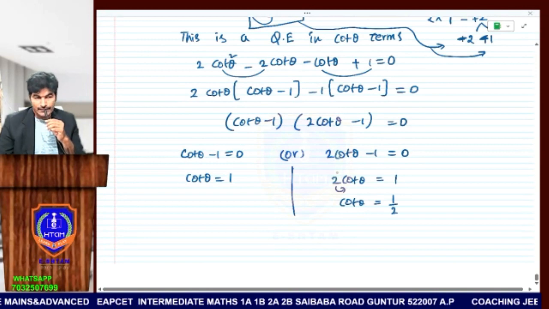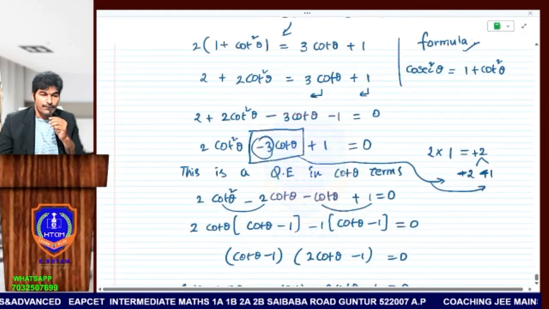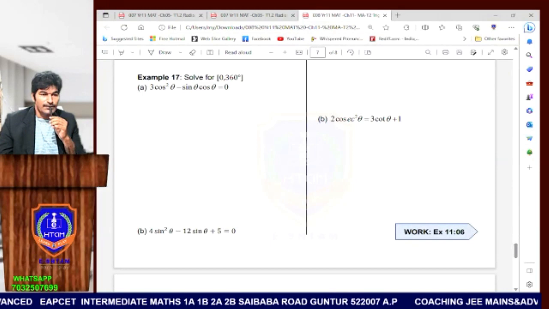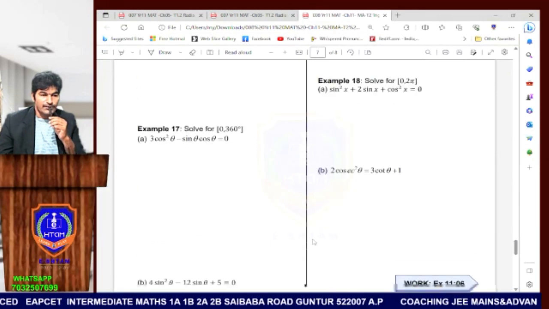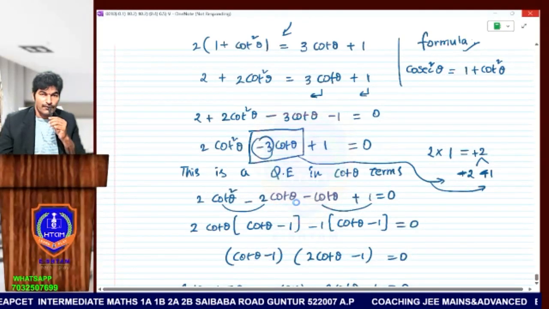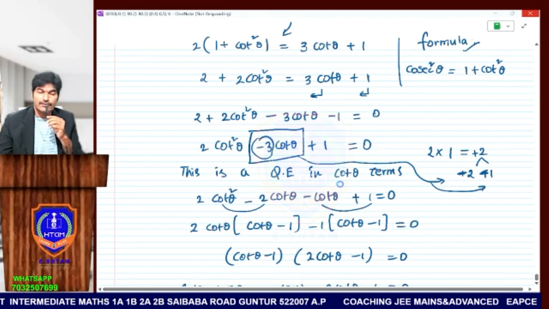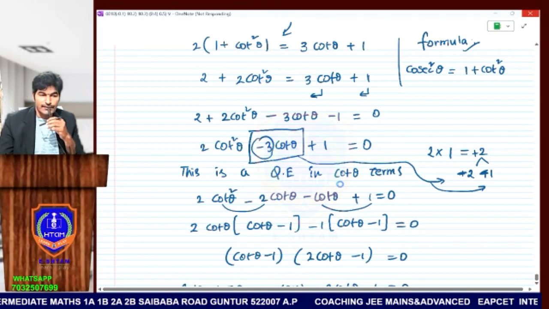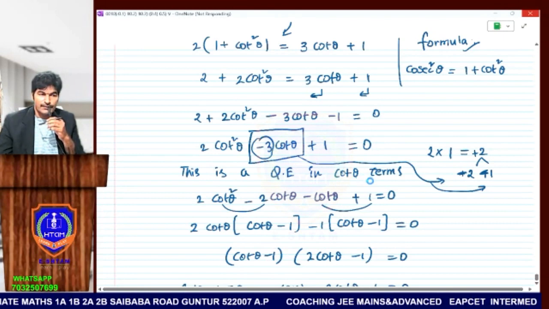And look at the value. Cot theta is 1. And you have to check the solutions must exist in 0 to 2 pi. That means you can consider the quadrants. 4 quadrants means first quadrant, second quadrant, because 0 to 2 pi itself represents 4 quadrants. So first the solution, cot theta equal to 1. You can take that as quadrant 1.